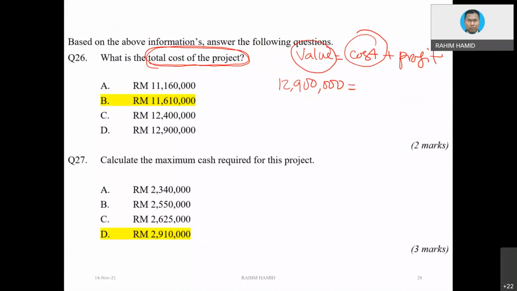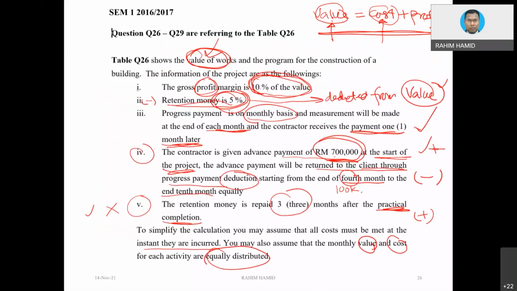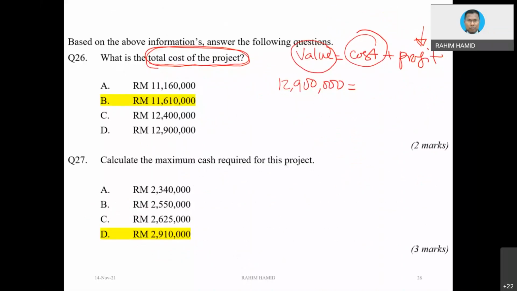Now the profit. The profit is being mentioned 10% of the value. If, for instance, you take 10% of this thing, basically you will know the profit. But instead of putting 10%, you can just simply multiply this thing times 0.9.